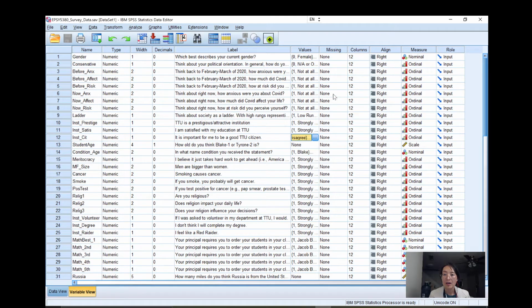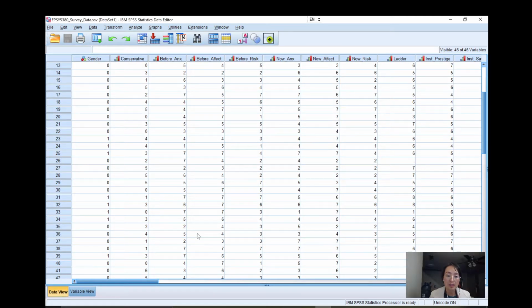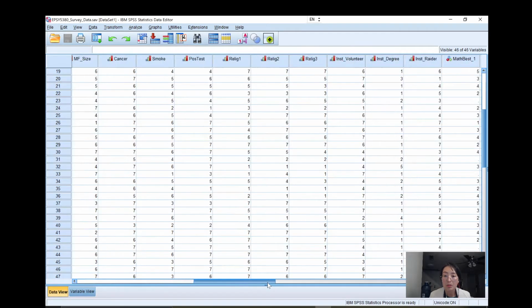I haven't defined the missing yet. This means for all this missing data, what are you going to label them? And the default for SPSS, I'll show you some of these here.